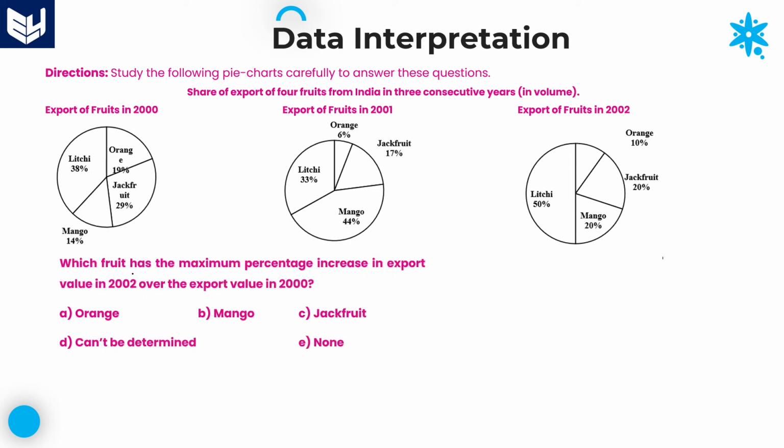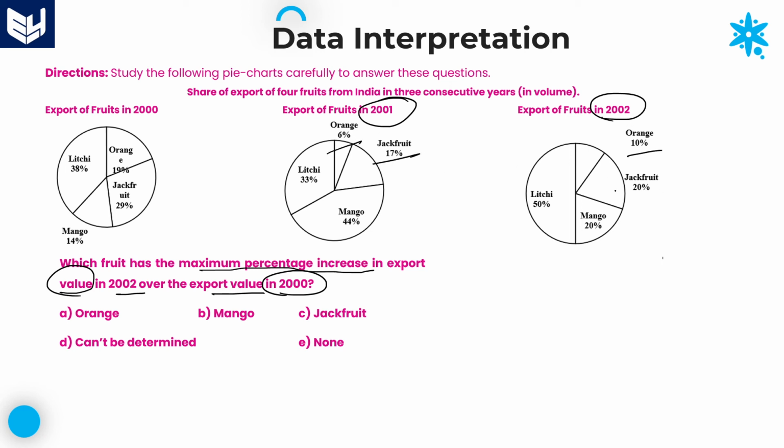Next one. Which fruit has the maximum percentage increase in export value in 2002 over the export value in 2000? Now we are talking about value, not volume. If you are talking about value, you must know this particular value, right? See here, orange is 6 percentage and this is 10 percentage.